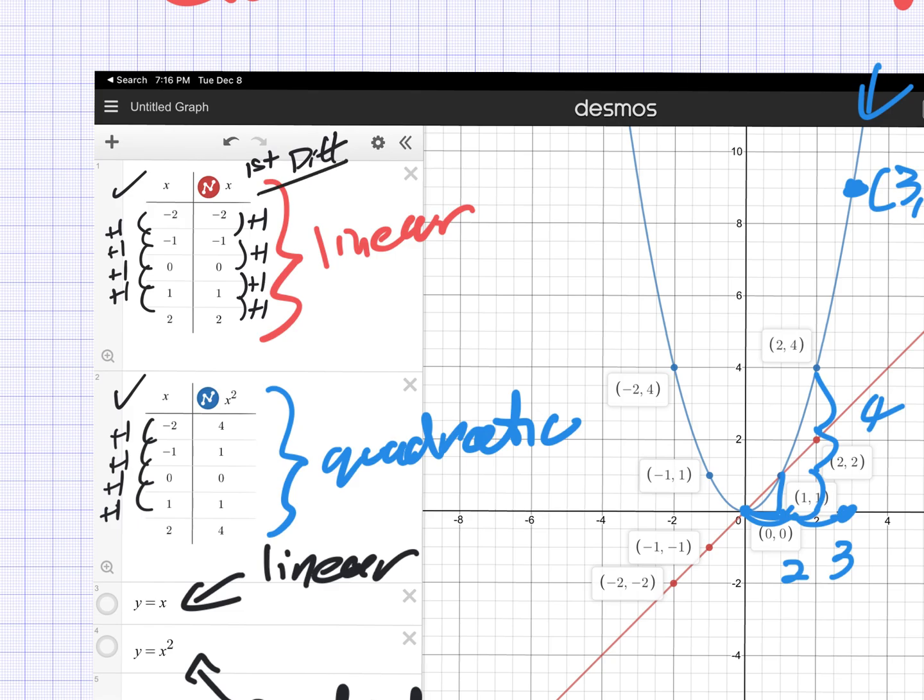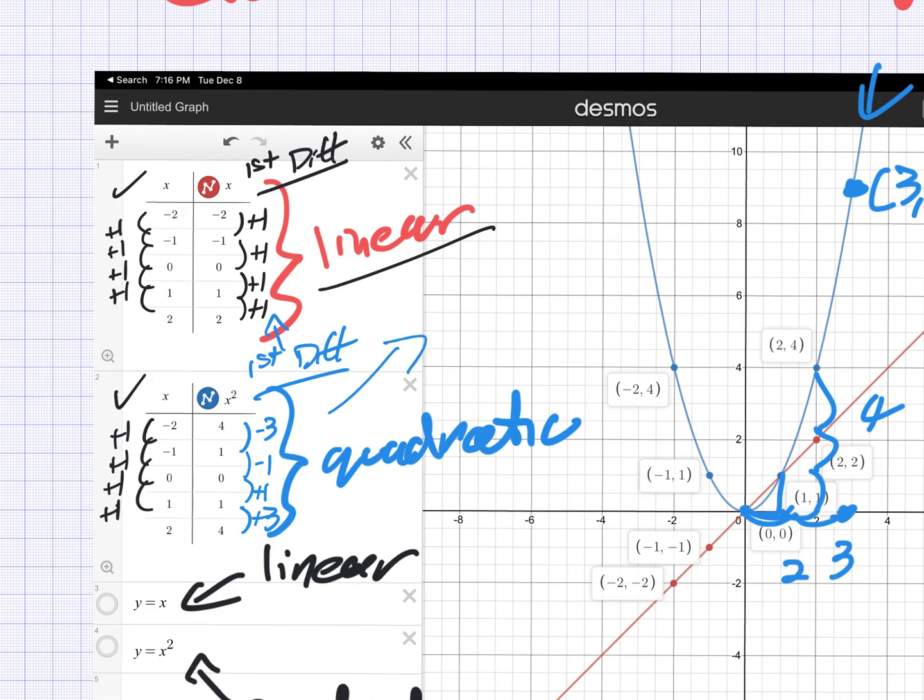And if that is always constant, the value is the same, that means we know we have a linear equation. If you take a look at the quadratics, let's see what they're going by. We'll go from lowest to highest here. This one actually went down by 3, then down by 1, then up by 1, then up by 3. So in our first difference, we did not get the constant value we got with the linear. So we know this second equation here isn't linear.